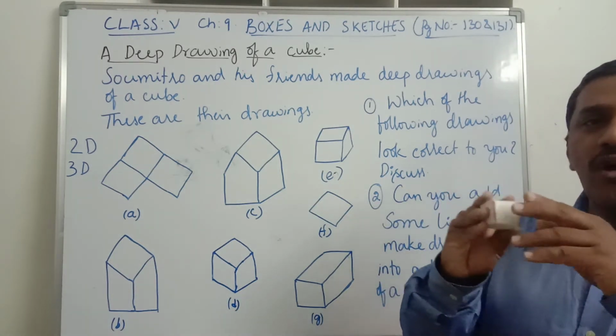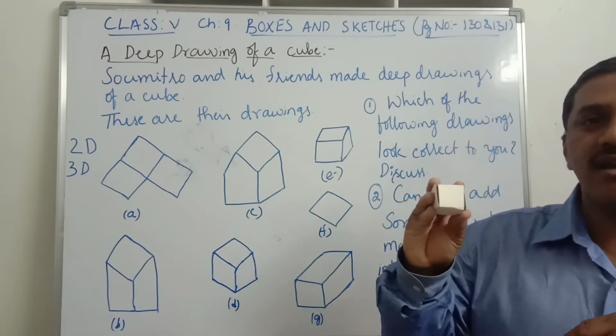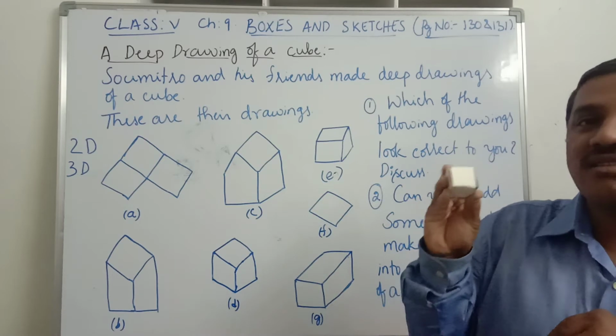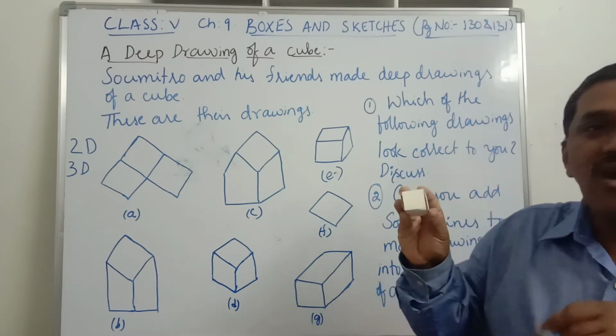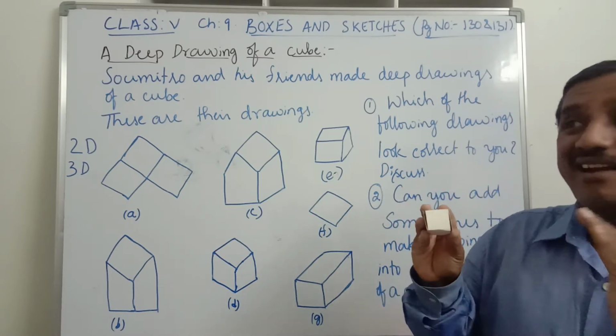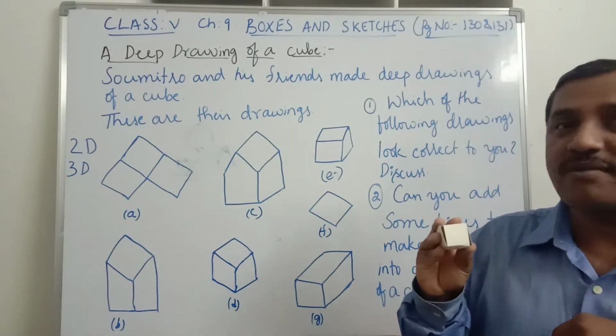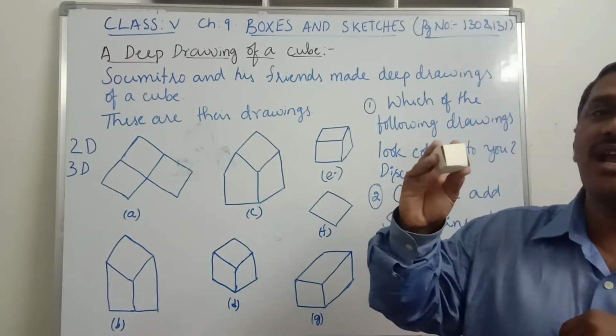So when we fold a plane figure properly, we get a three-dimensional figure. Now what are the 3 dimensions? So far we have studied only 2 dimensions, that is length and breadth. Now what is the third dimension? It is the height of the figure.